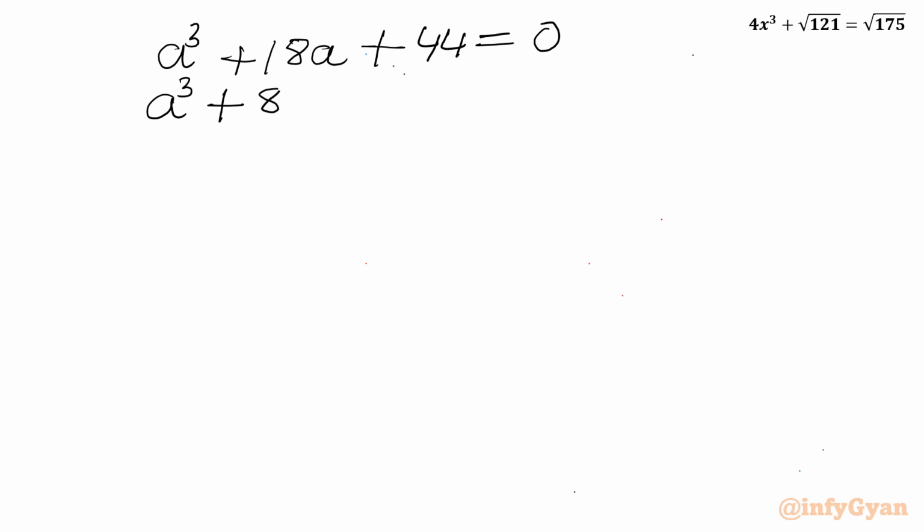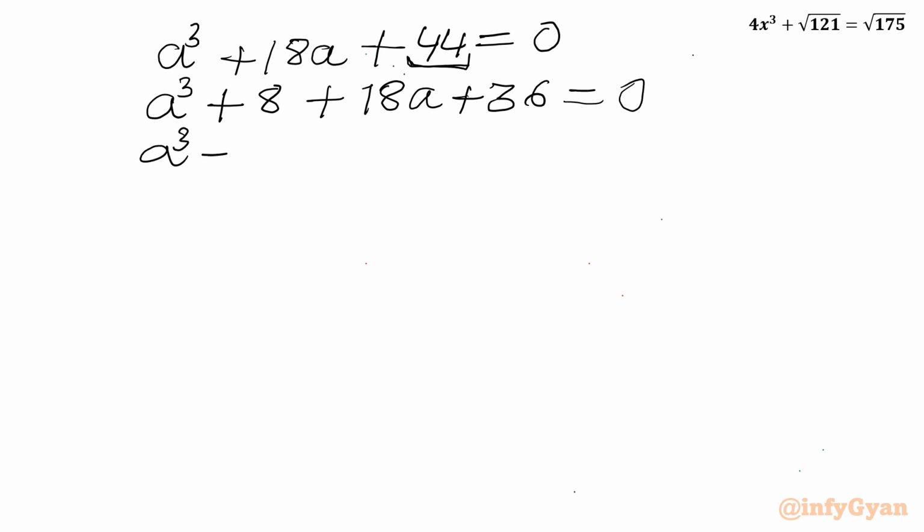So 8 will be here and 36 will be here. This is our 44. Now it is a cube plus 2 cube, and here once I will take 18 common, a plus 2 will be in the bracket.